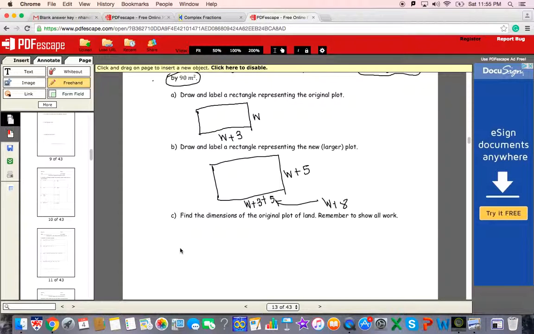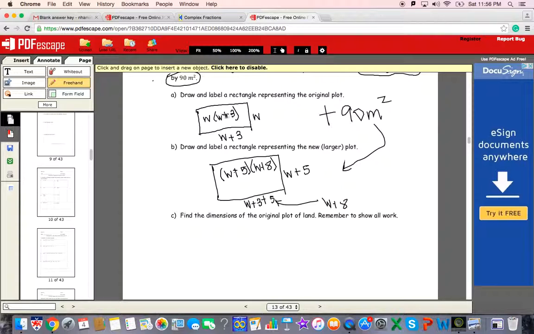So basically, they're saying if we take the area of this, which is length times width, so W times W plus 3, and we add on another 90 meters squared, we will get that larger area, which is base times height, so W plus 5 times W plus 8.